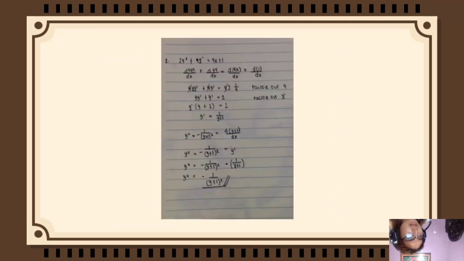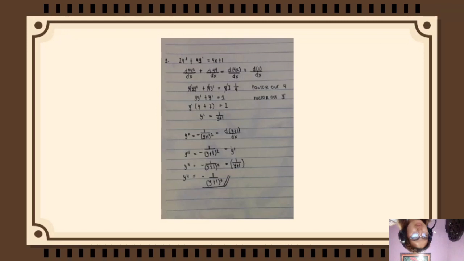Number 2. 2y squared plus 4y is equal to 4x plus 1. Okay? Therefore, ayan na. Derive na natin. Derivative of 2y squared plus derivative of 4y is equal to derivative of 4x plus derivative of 1.